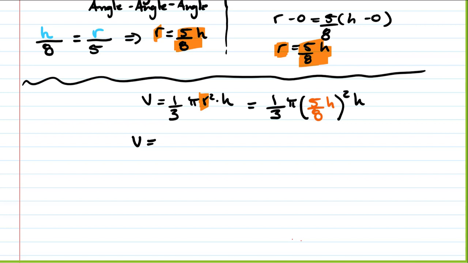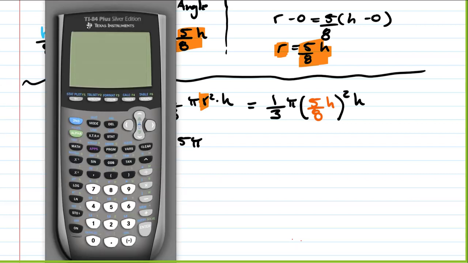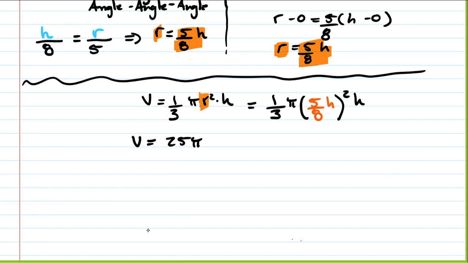So multiplying this out, 5 times 5 is 25 times pi times 1, so that's 25 pi. 8 times 8 is 64, and 64 times 3, I'm not trusting myself this morning. 64 times 3 gives 192. And h times h is h squared times another h is h cubed.